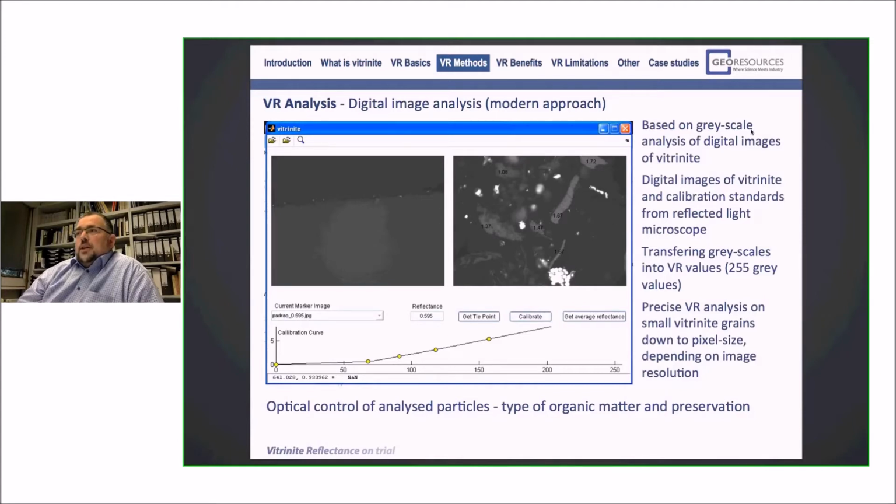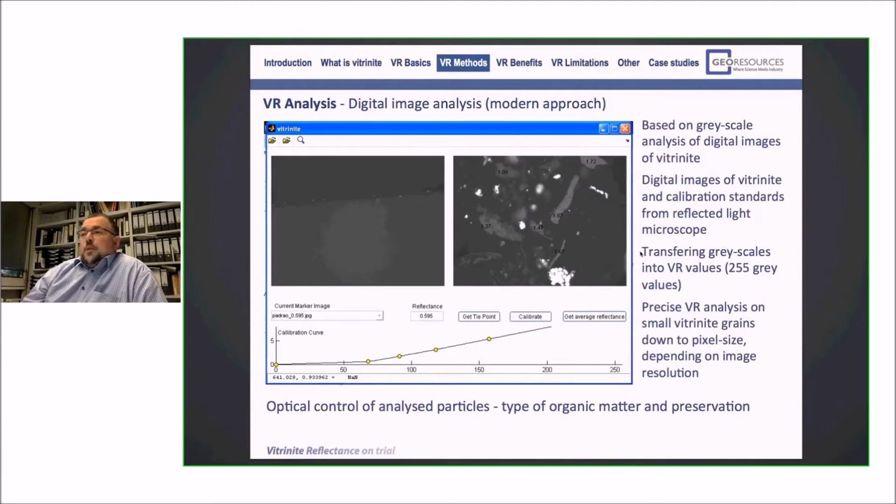So it's based on grayscale analysis of these digital images of vitrinite and the calibration standard. Here on the left is a calibration standard. This is a sample that we want to analyze, both taken from an incident light microscope under the same conditions.